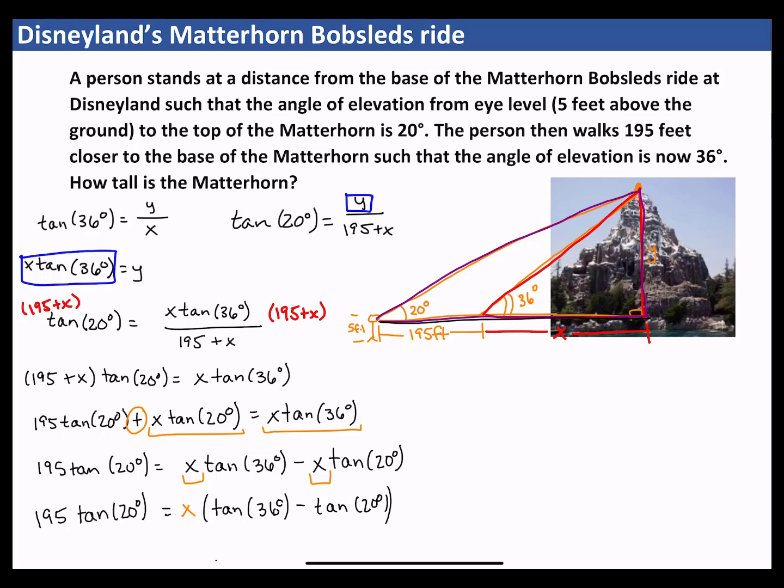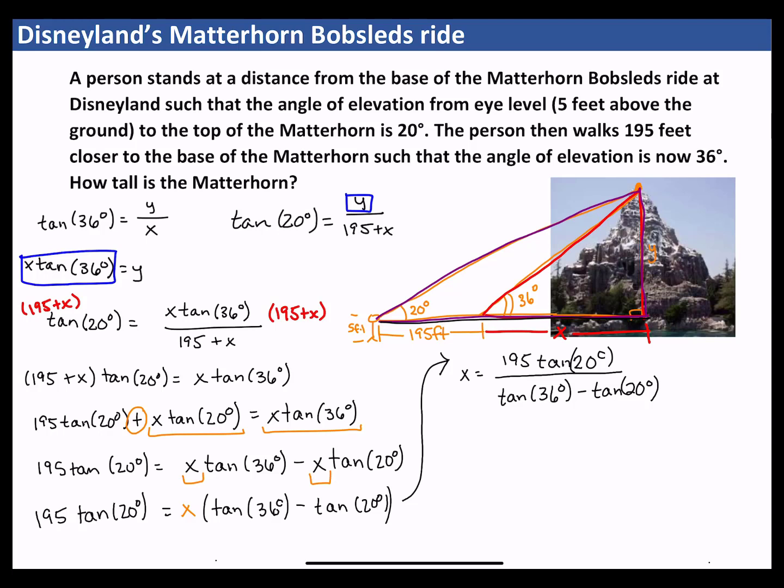Still from here, we can divide both sides by the tangent of 36 minus the tangent of 20. So we're going to see that x equals 195 times the tangent of 20 degrees divided by the quantity tangent of 36 degrees minus the tangent of 20 degrees.